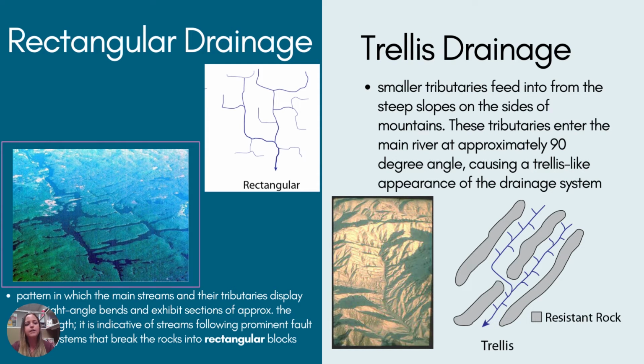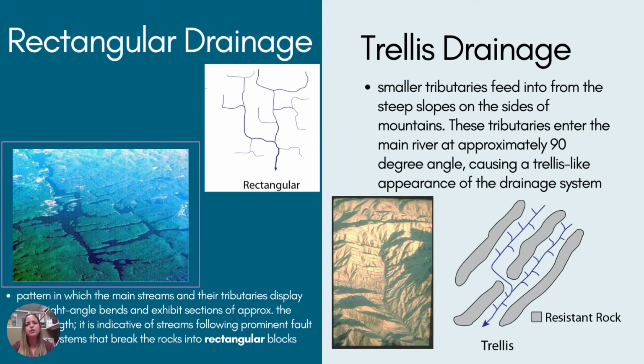All right, looking at rectangular drainage, this is where we have a lot of very blocky rock. This rock is usually breaking in a very rectangular pattern, and so the water follows those crevices and those cracks in the rock, and so we see this very rectangular type of drainage.